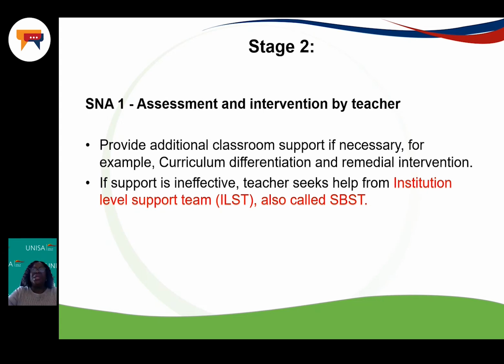The teacher should ensure that support is effective. And the teacher should seek help from the institutional level support team if support is ineffective. If the support from the teacher himself or herself is ineffective, this teacher should seek assistance from the institutional level support team, also called the school-based support team.